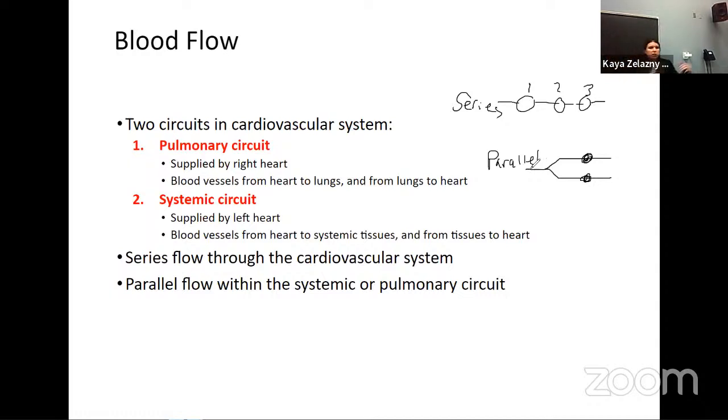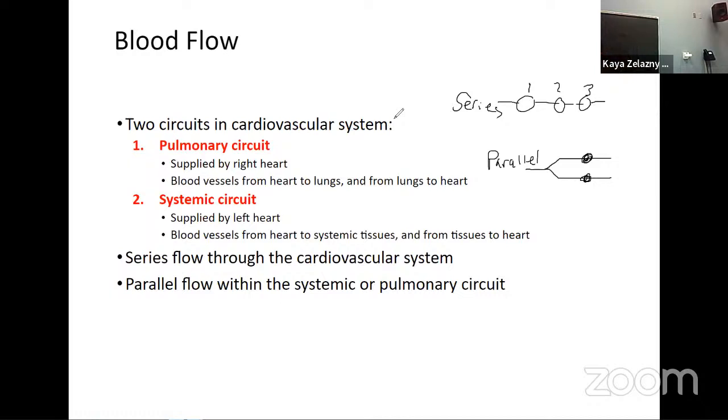So when we say that something is going in series flow through the cardiovascular system, we're saying it went through this organ first, then it went through another organ. That's series flow. So for example, it's a series when we say that we have to go first through the heart and then through the lungs. But in many places, we're going to have stuff going in parallel.